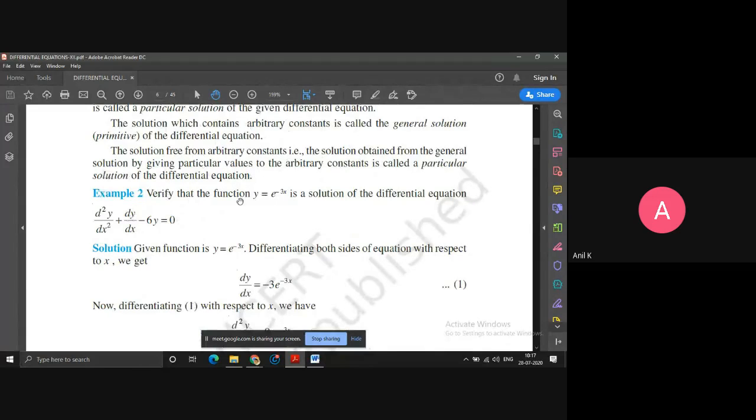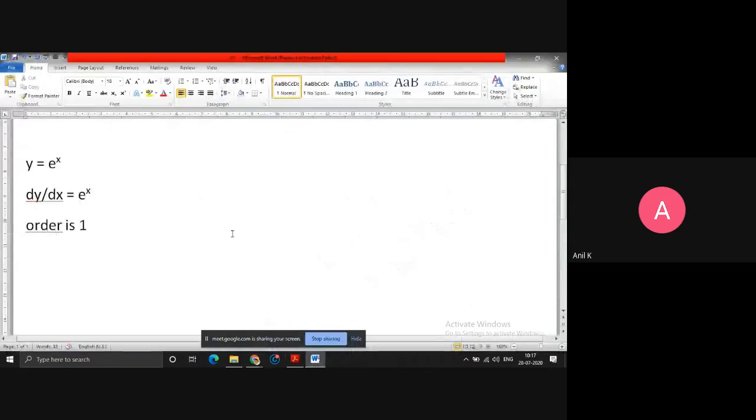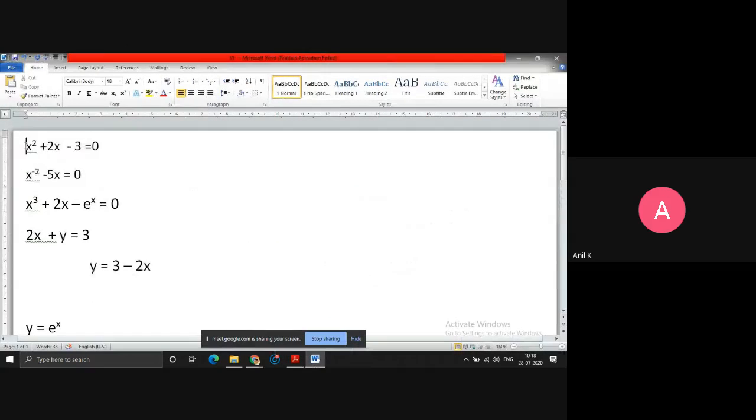Verify that the function y equals e to the power of minus 3x is a solution of the differential equation. Let me go to polynomial equations like x squared plus 2x minus 3 equals 0. Such polynomials you studied in class 9, I think.